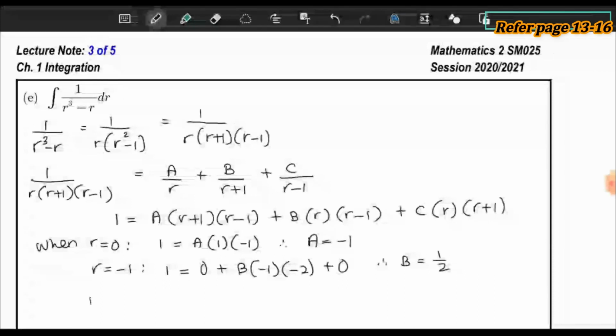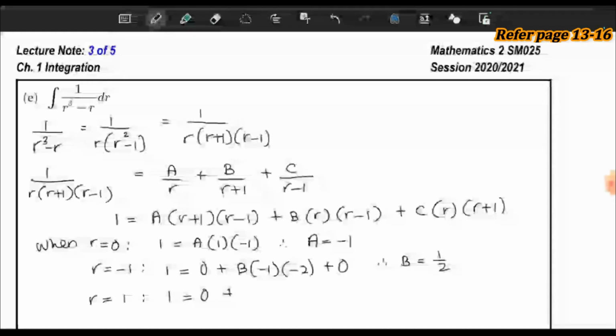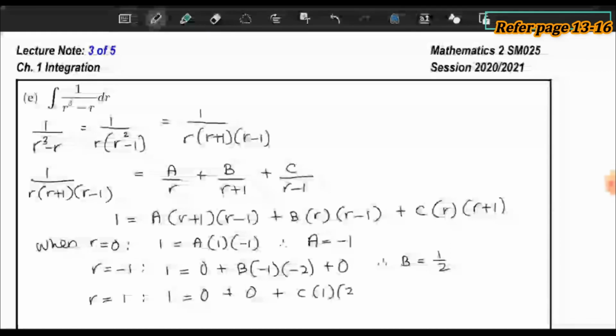And the last one, we substitute r equals 1. We have 1 equal to, part a becomes 0, plus part b is also 0, plus c times 1 times 2. Therefore, c equals half.